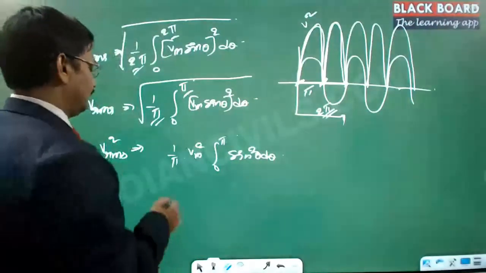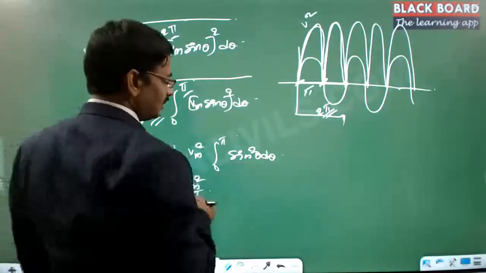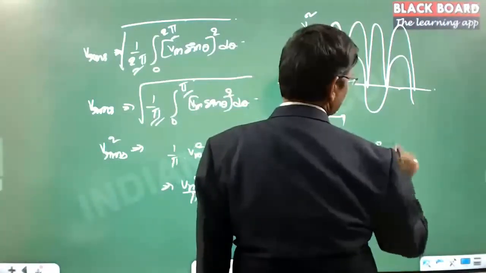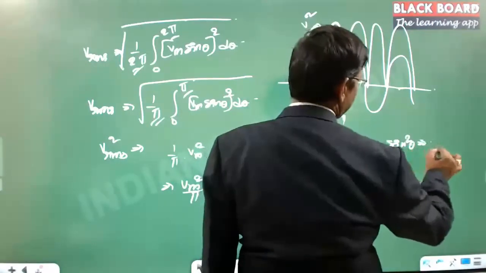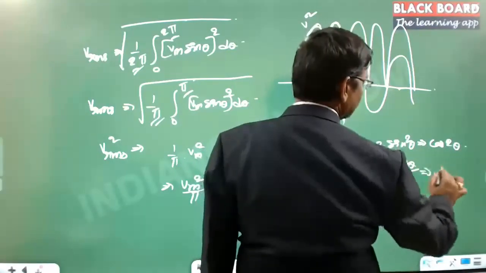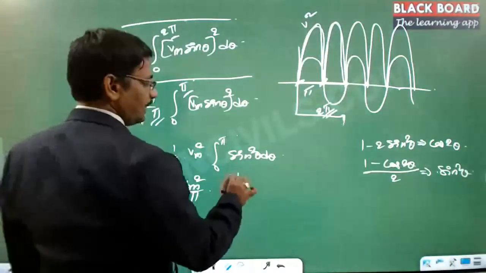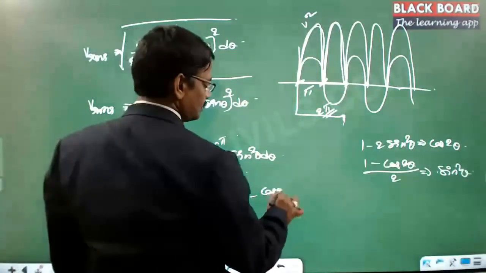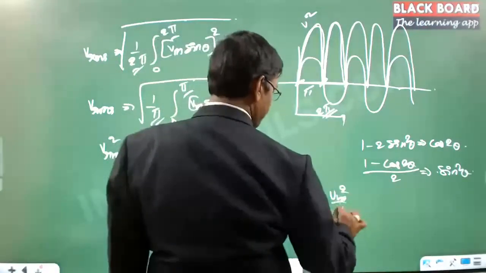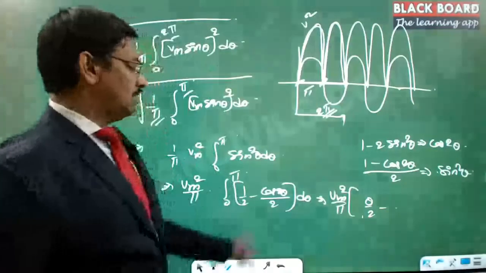We know that cos 2 theta equals 1 minus 2 sine square theta, so sine square theta is (1 minus cos 2 theta) by 2. Replacing this value, we get the integral 0 to pi of 1 by 2 minus cos 2 theta by 2 d theta.